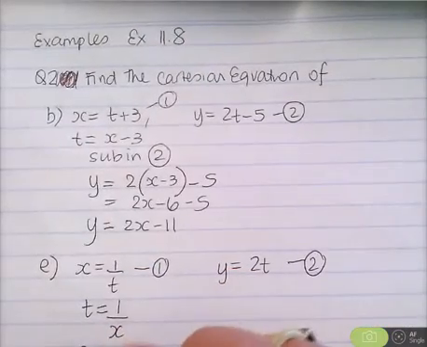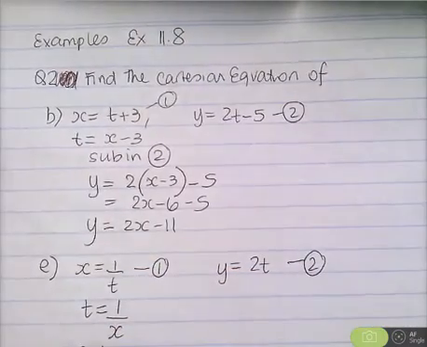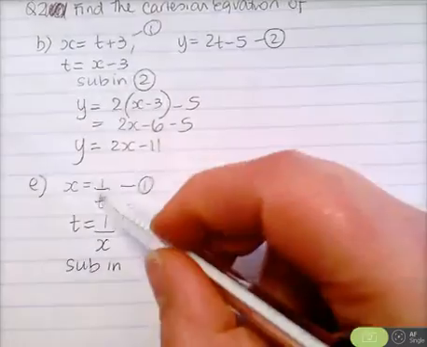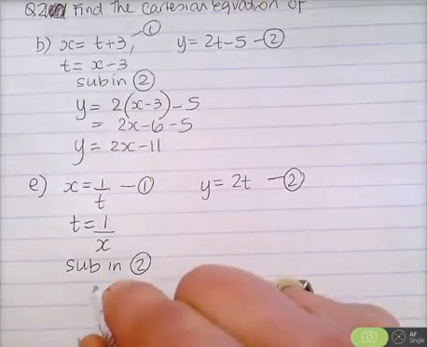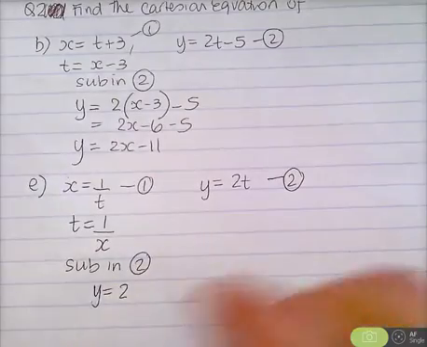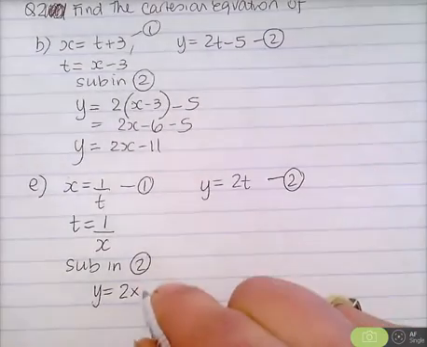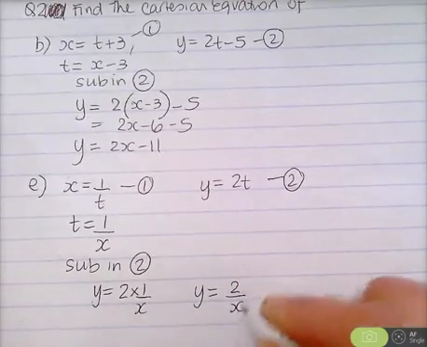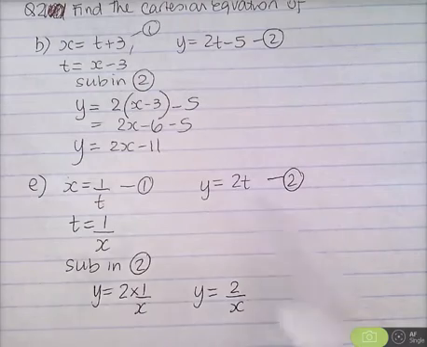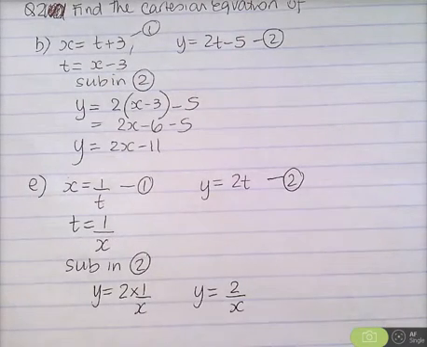And then we're going to sub that. So girls, we've rearranged 1, just swapping the t and the x, sub in equation 2, and you get y is 2 times t. In other words, y is 2 on x. It's a hyperbola. So these are the Cartesian equations of a hyperbola.